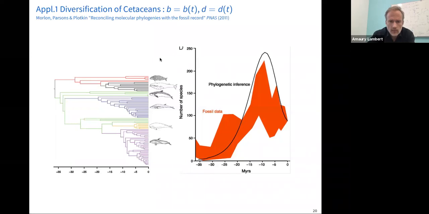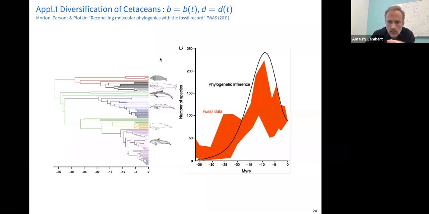What they did here is that they took the phylogeny of cetaceans, and from this phylogeny, they inferred how B and D had depended on time in the past. And then on the right, they simulated the birth-death process with the B and D that they had inferred, and they obtained this shape of boom and bust in the number of species through time in the past.